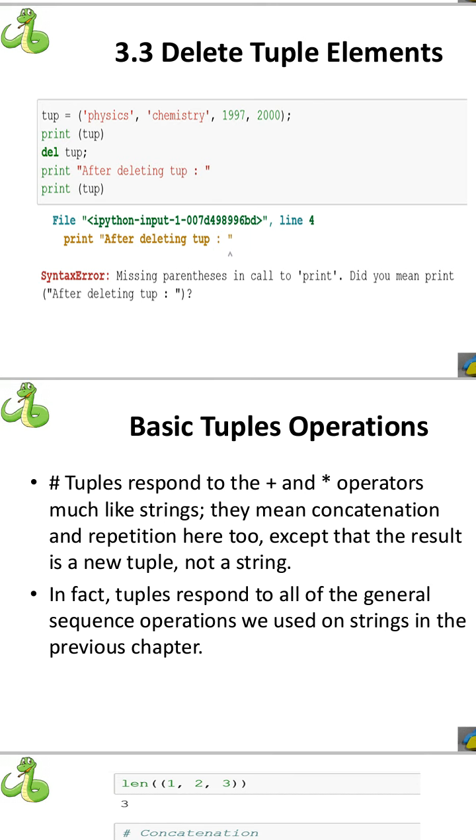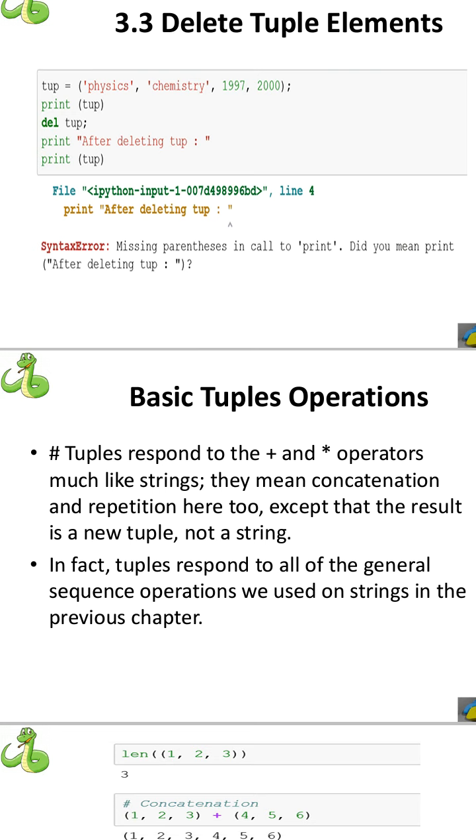Did you mean print after deleting tuple? The reason behind that is we cannot print the tuple because in the third statement we have already cleared all the elements associated with the tuple and also the tuple name from the memory locations.